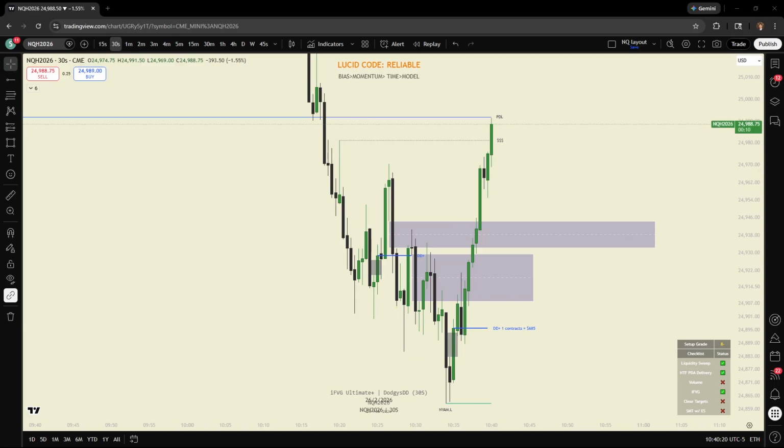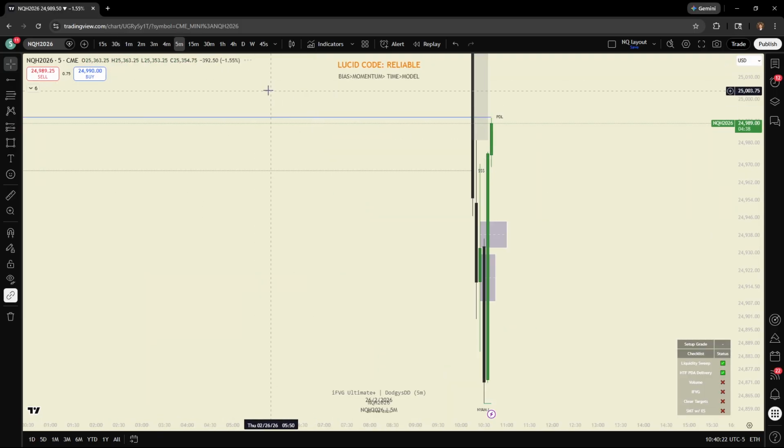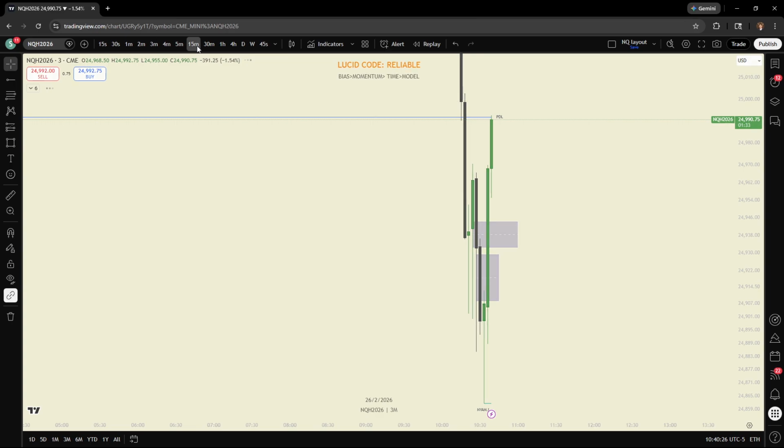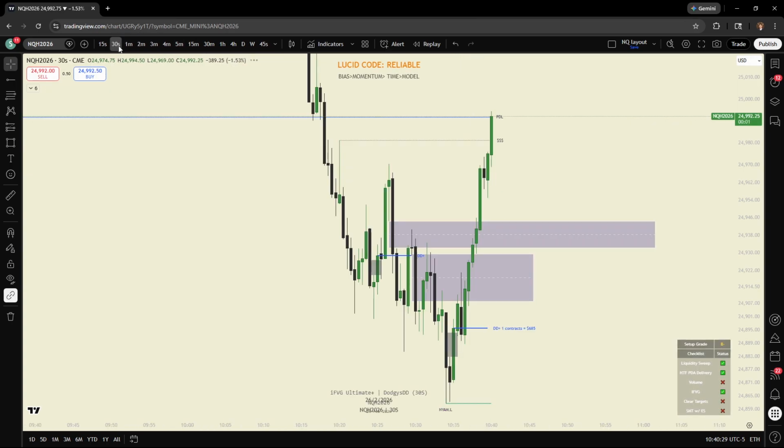All right. That was the most textbook play ever. Is the 3 minute valid or no? Probably not. We're running into too many other fidelity gaps.